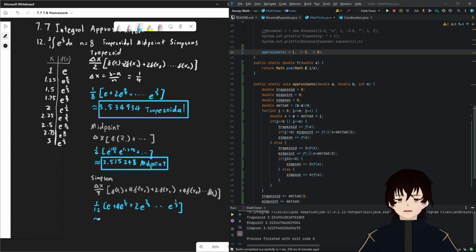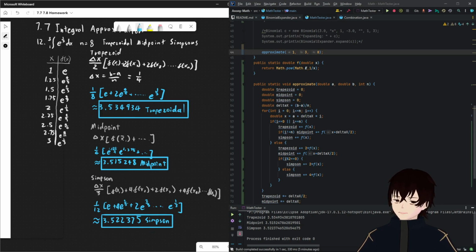And that is going to give us approximately 3.522375. Simpson's. The whiteboard is correcting every single one of my O's. And another perfect rectangle. Fantastic.